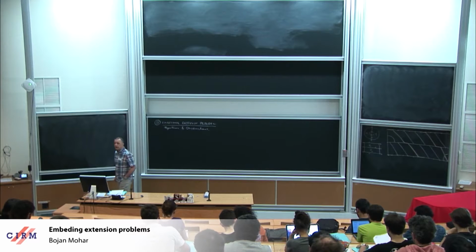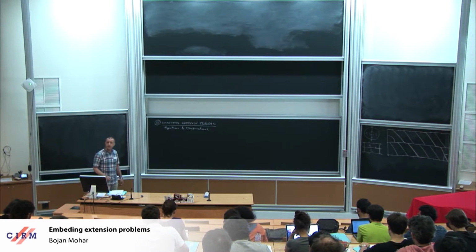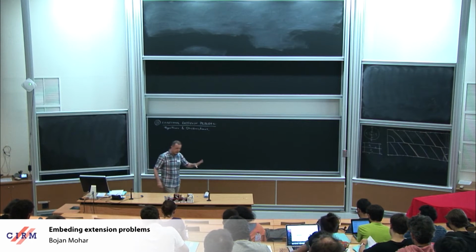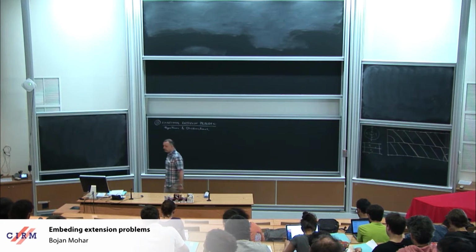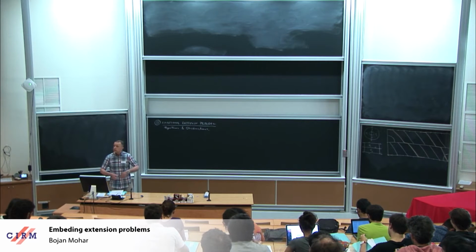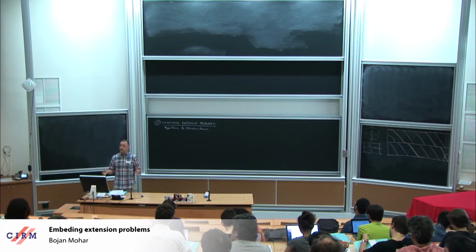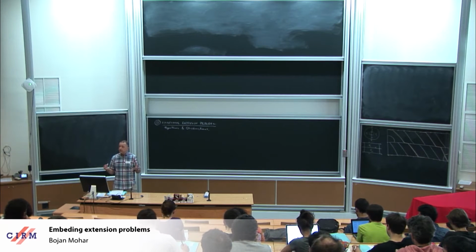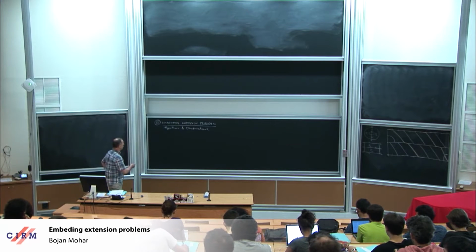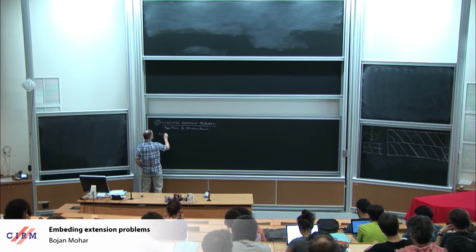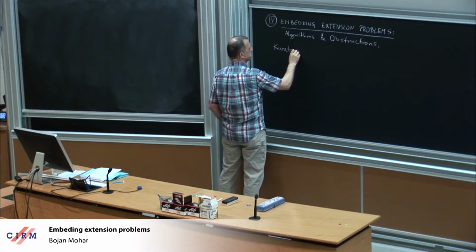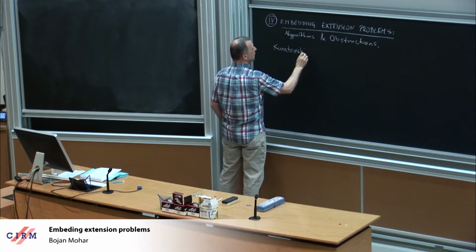We've discussed on Monday Kuratowski's theorem. This is a theorem of this type. You want to embed a graph in the plane, and Kuratowski's theorem tells you that essentially you can find a subgraph which is either a subdivision of K33 or a subdivision of K5.